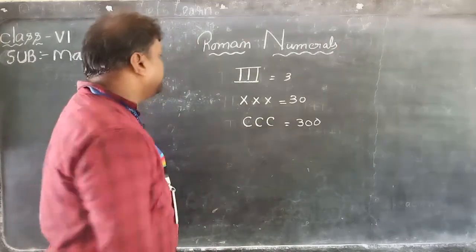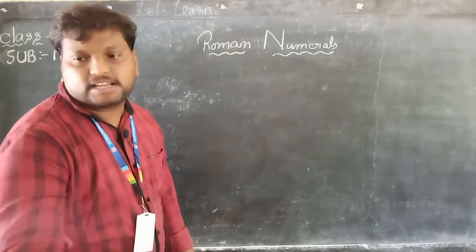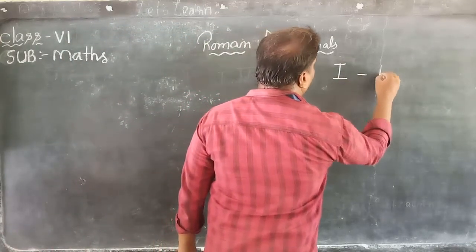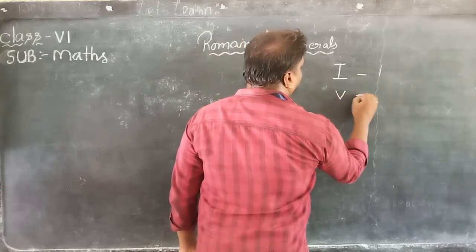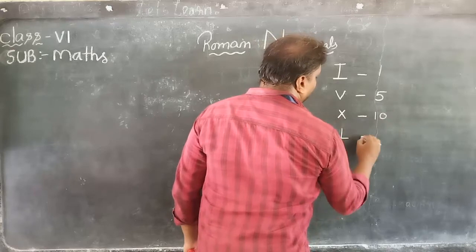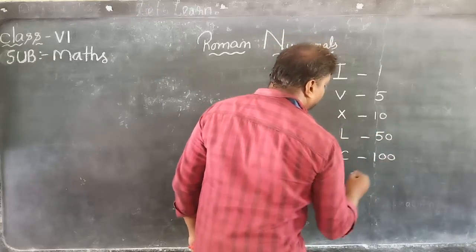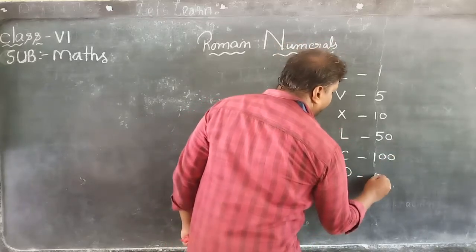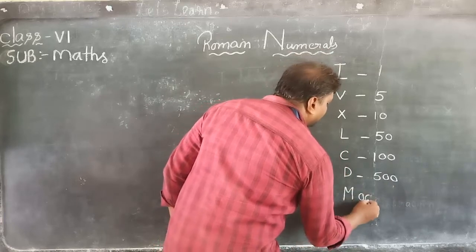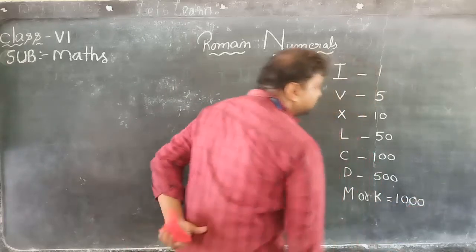Okay, first of all, this is the rule. Before going into that, I will write some Roman numerals. This is 1, this is 5, this is 10, this is 50, this is 100, this is 500, M or K. M or K is 1000.